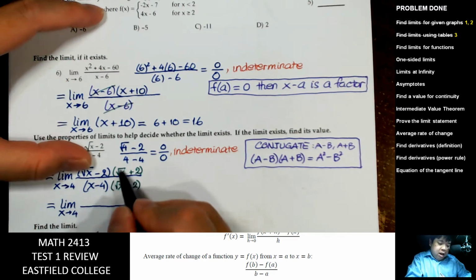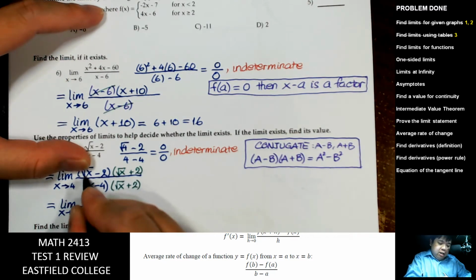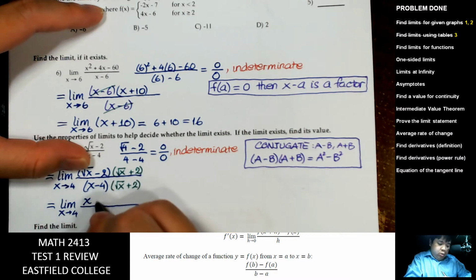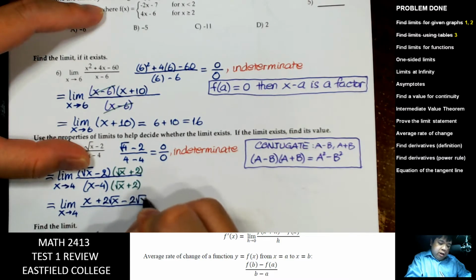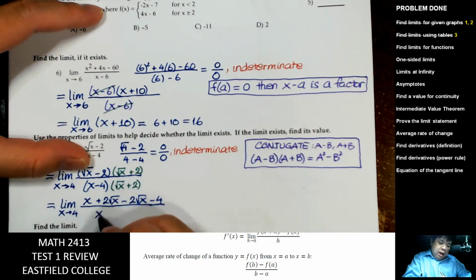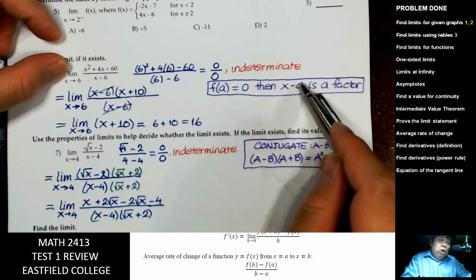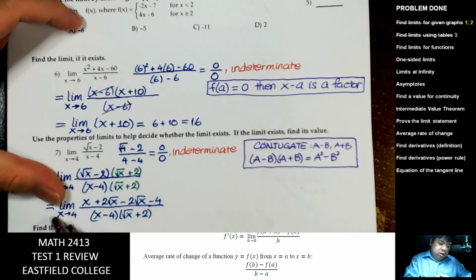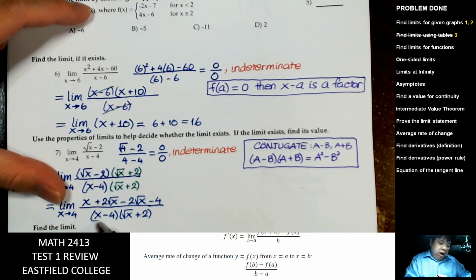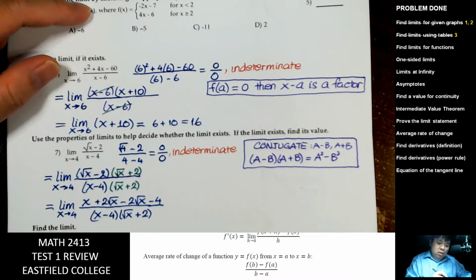So square root of x times square root of x, that is an x. Square root of x times 2, square root of x minus 2 square root of x minus 4. At the bottom, I will not multiply it out because similar to number 6, we're going to have the common factor of x minus 4. So I know it's going to be a common factor of x minus 4, so we don't need to multiply it out. So just keep it like this.